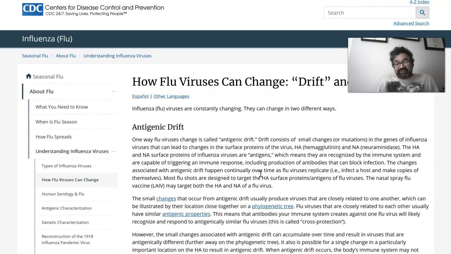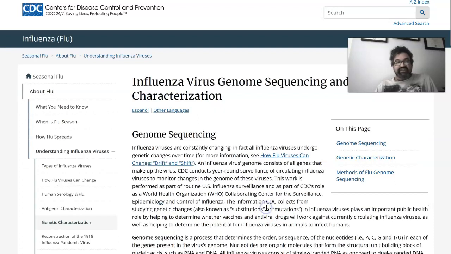So there's not much that was learned from previous pandemics. So anyway, the small changes result in antigenic drift, and then antigenic shift results from larger differences in the phylogenetic tree.